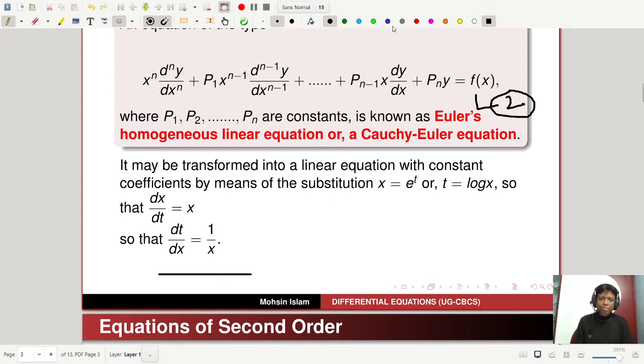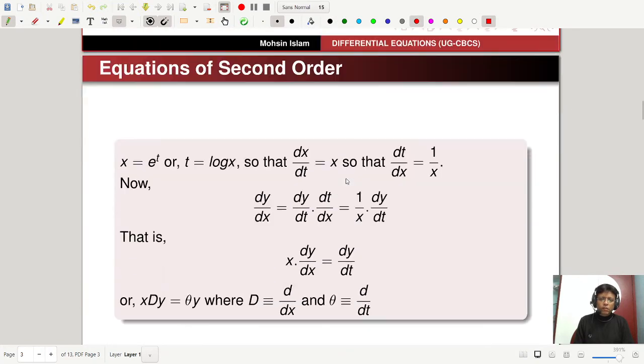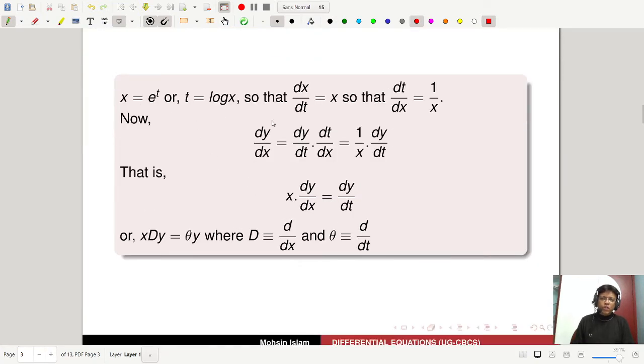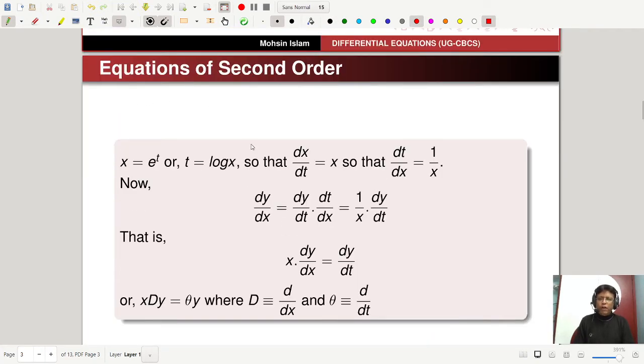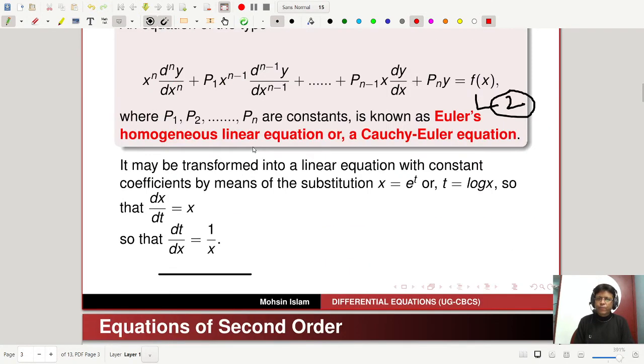Now, once again, how will you convert the equations of the second order? I am considering a second order differential equation.